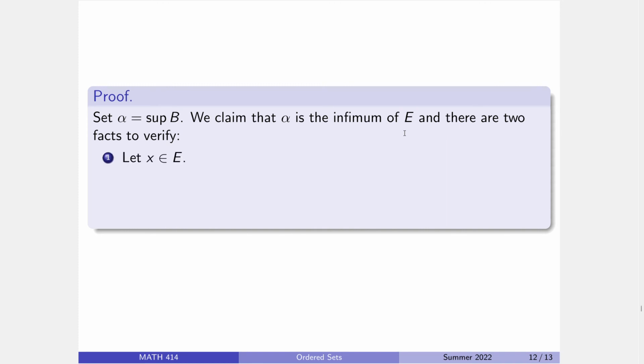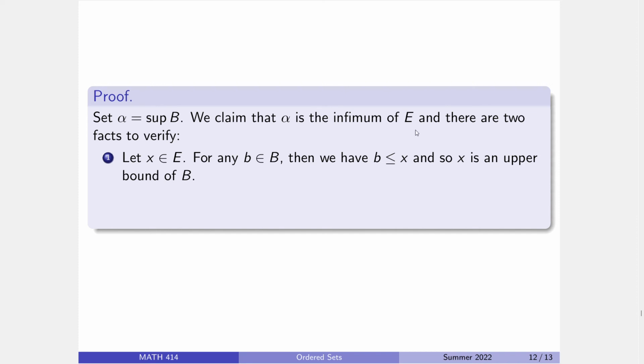So fact number one, we need to show it's a lower bound, so pick an element x that lives in E. For any b that lives in capital B, that's a lower bound for the set, so b needs to be less than or equal to x. So that means any element of E is in fact an upper bound of B. Alpha is the sup of that set, so it needs to be less than or equal to it, so that means alpha must be a lower bound for E.